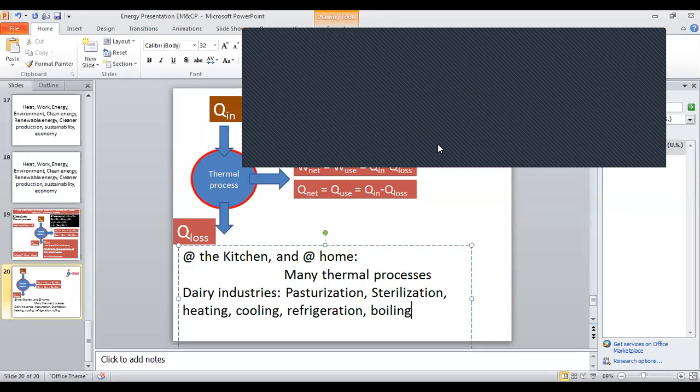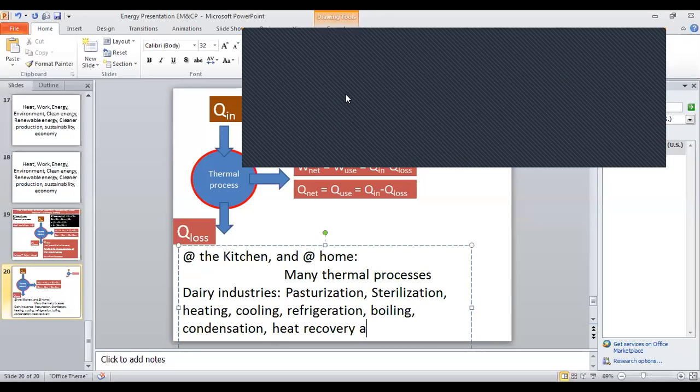I think food students know this. Even condensation, some adsorption and absorption processes, boiling, condensation, then sometimes heat recovery and recycling, reuse.